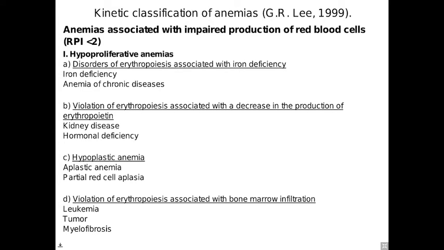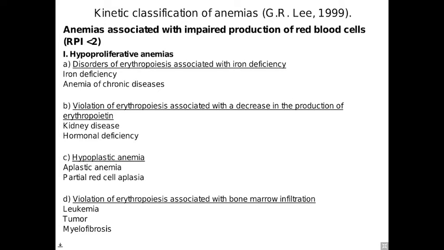Hypoplastic anemia: hypoplastic means when the bone marrow is primarily affected and certain morphological elements of the bone marrow are replaced by, for example, lipid components. So the normal tissue of the bone marrow is replaced by pathological tissue. Of course, pathological tissue can no longer fulfill the purpose of normal erythropoiesis.